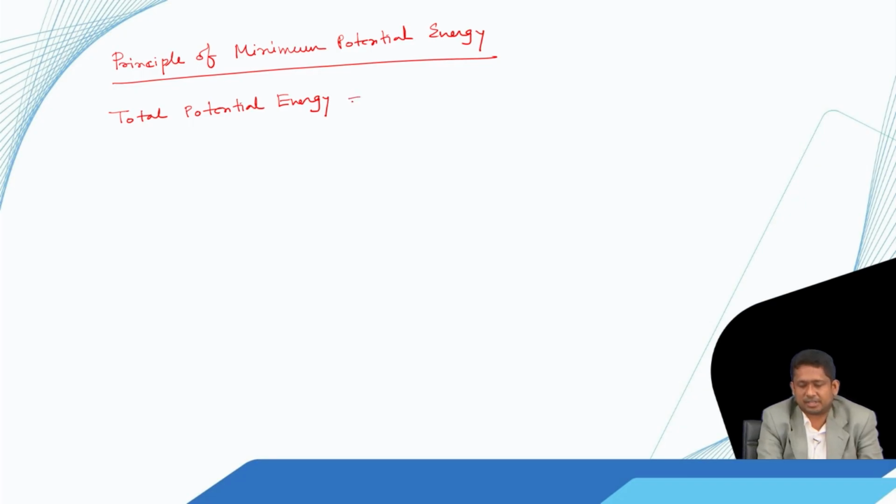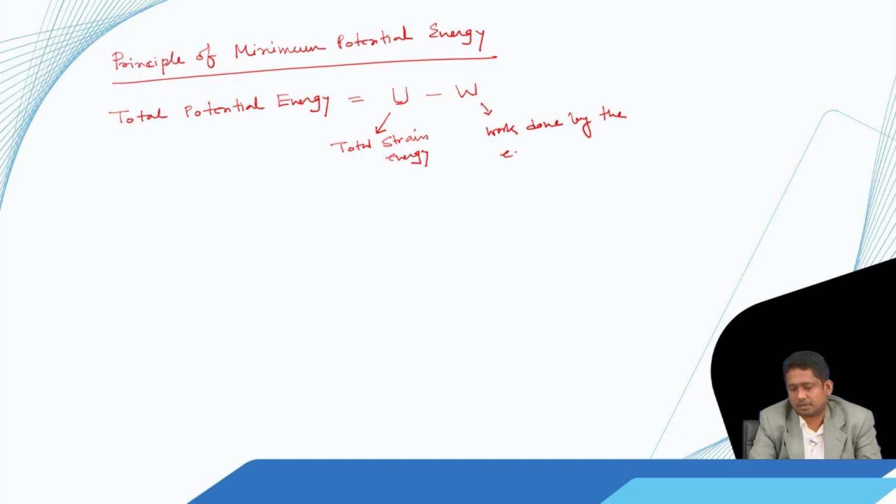That total potential energy of the structure consists of U, that means the strain energy, minus the work done by the external load. So, this is the total strain energy, and this is the work done by the external force.